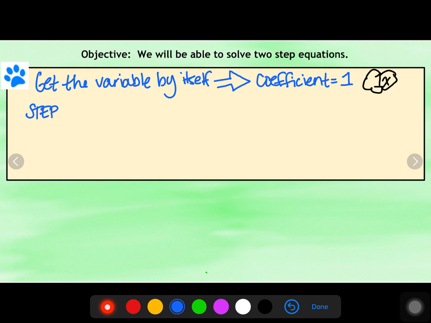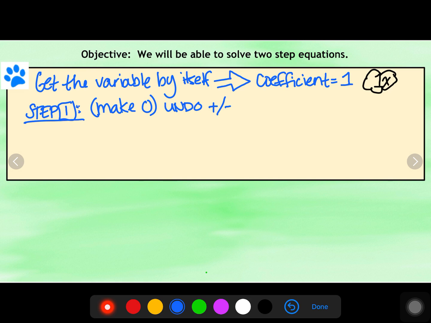So the first step, step one, is we want to make 0. So remember when we had to make 0 before by using the additive inverse, right? Another way of saying this is we want to undo the plus and the minus.